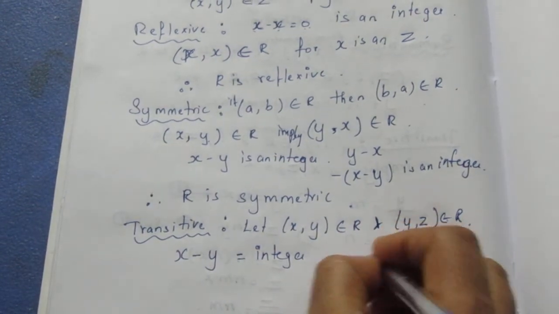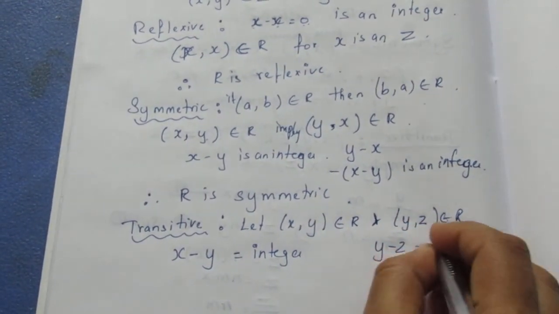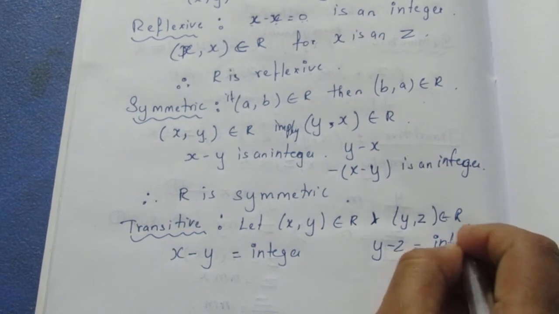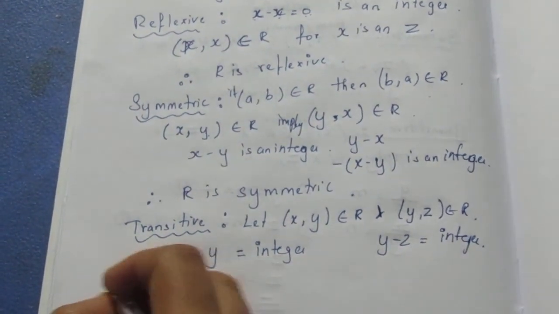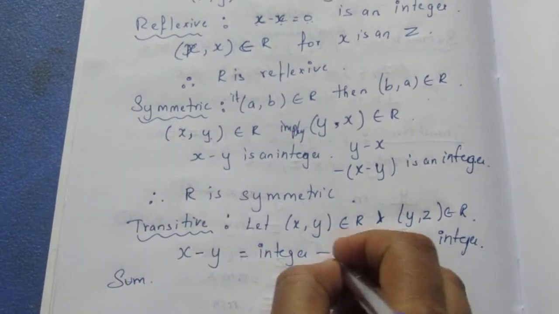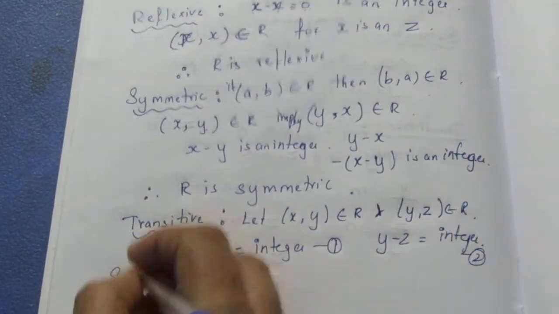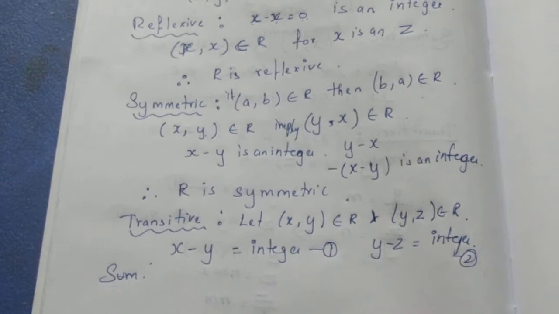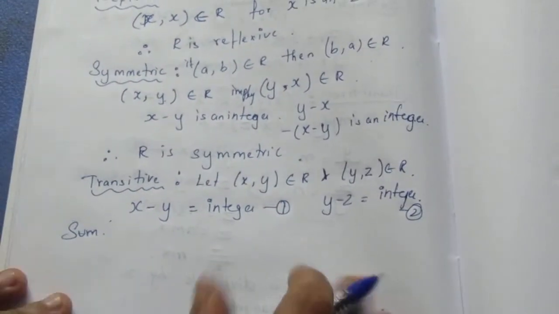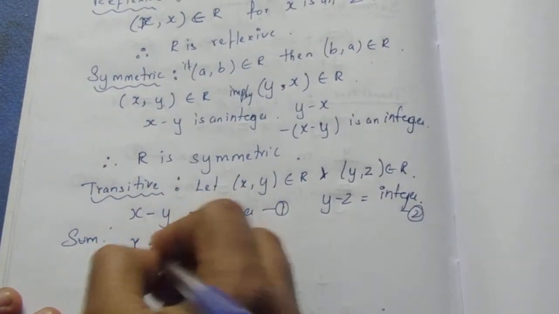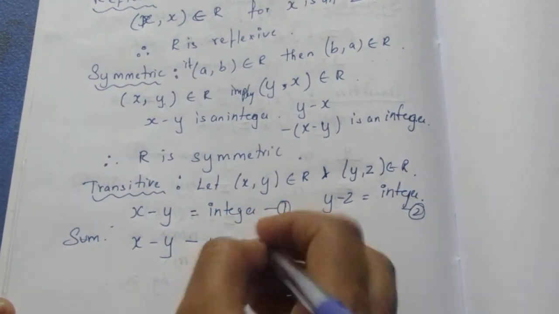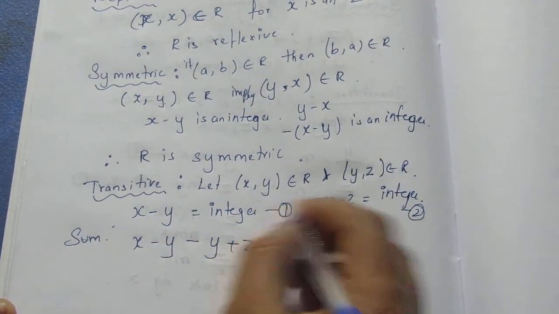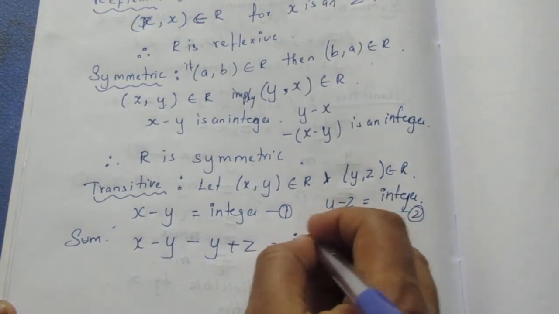Same way, y minus z is also equal to an integer. Let us take the sum of the two integers here. Adding 1 and 2, we get x minus y plus y minus z on the LHS, and we know that integer plus integer will be an integer.